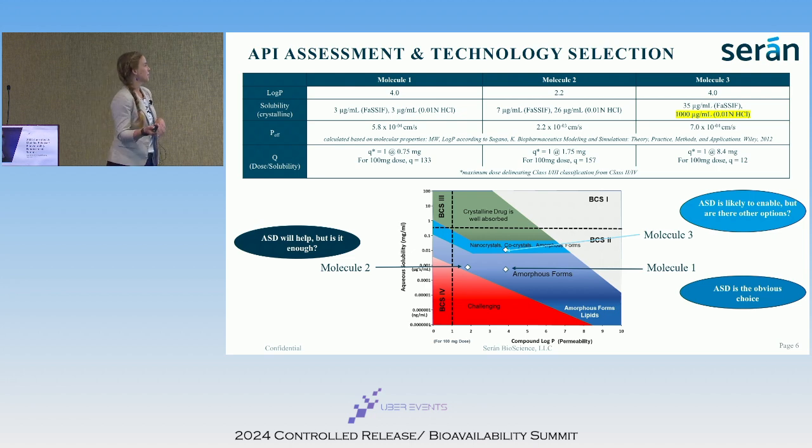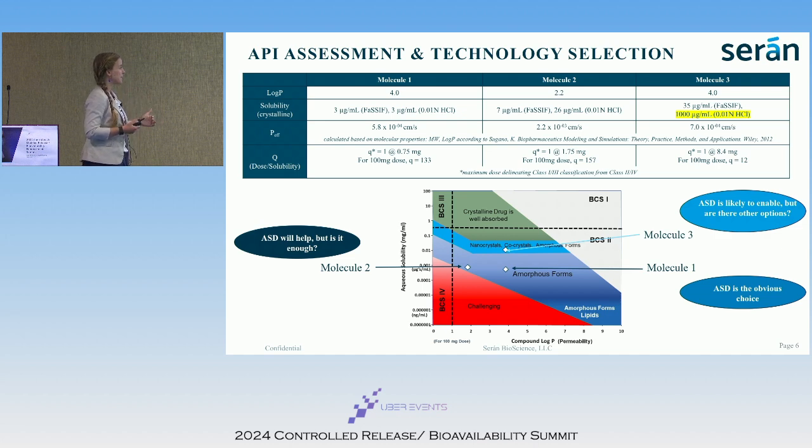The last molecule is a great example of really thinking through the problem statement and understanding the target product profile, the dose range, what's needed for these molecules, and who your patient population is. Here we again have moderate permeability, not much of a concern with respect to needing enhancement there, but the solubility is right on that edge. We have pretty low solubility at intestinal pH, but pretty high solubility at gastric pH.